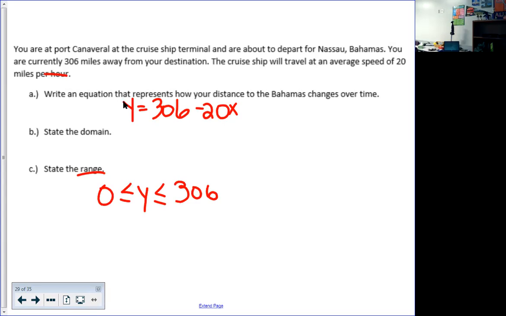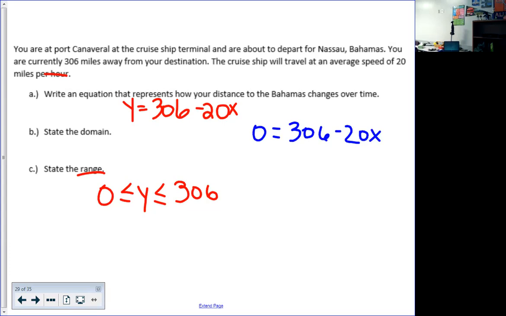Our domain, on the other hand, is our x, okay? So what are our possible x values? So what could we possibly do here? On this one, if my y was 0, I would need to go ahead and solve for x.